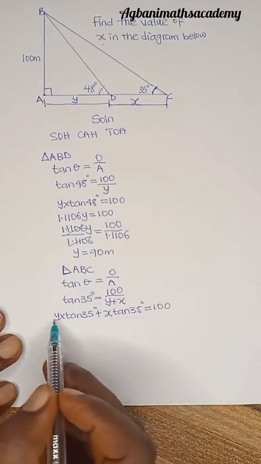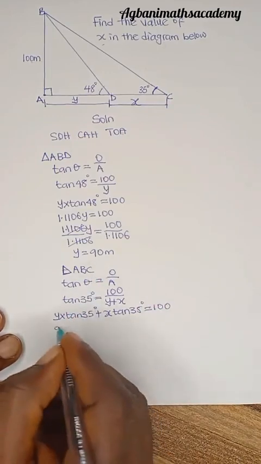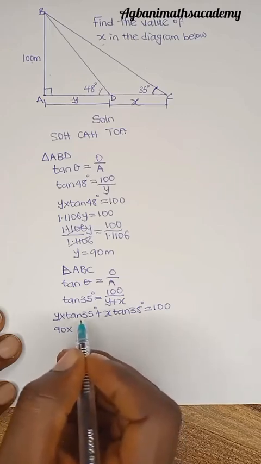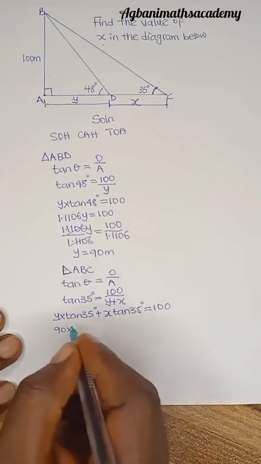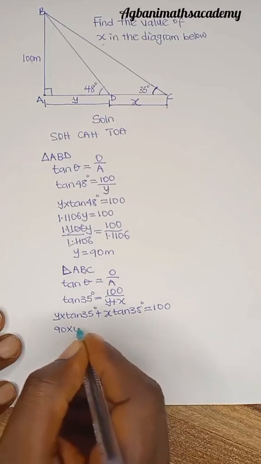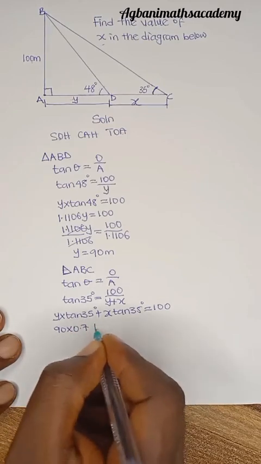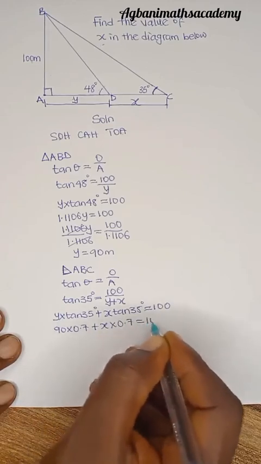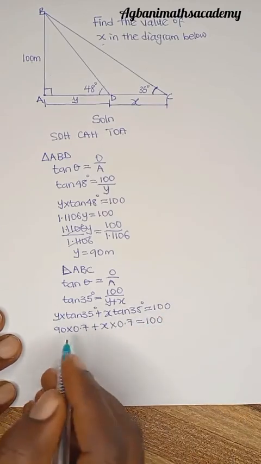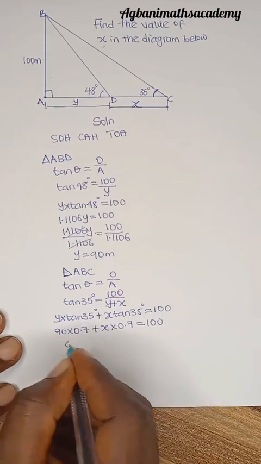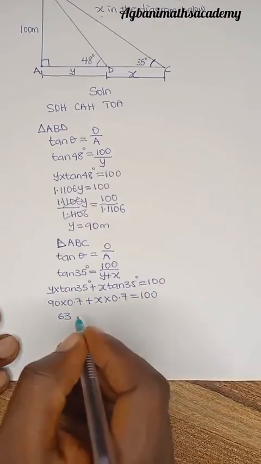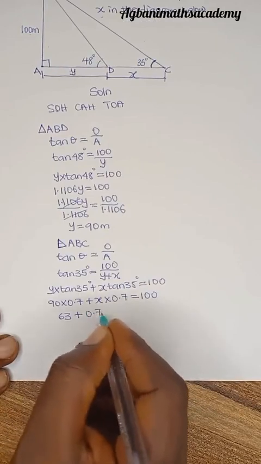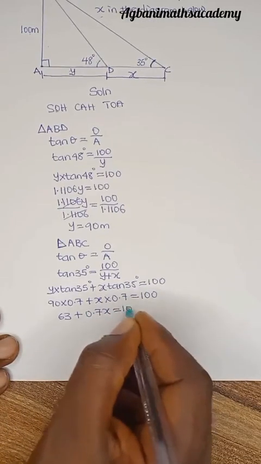Remember, y is equal to 90. So we have 90 multiplied by, what is tan 35? Tan 35 is 0.7. So 90 multiplied by 0.7 plus x multiplied by 0.7 is equal to 100. 90 multiplied by 0.7 is going to give us 63. So we have 63 plus 0.7x is equal to 100.